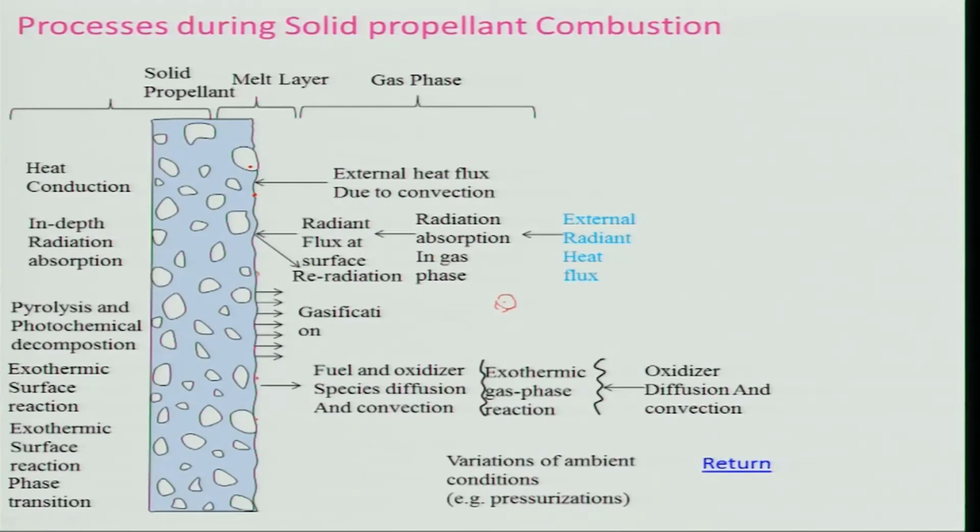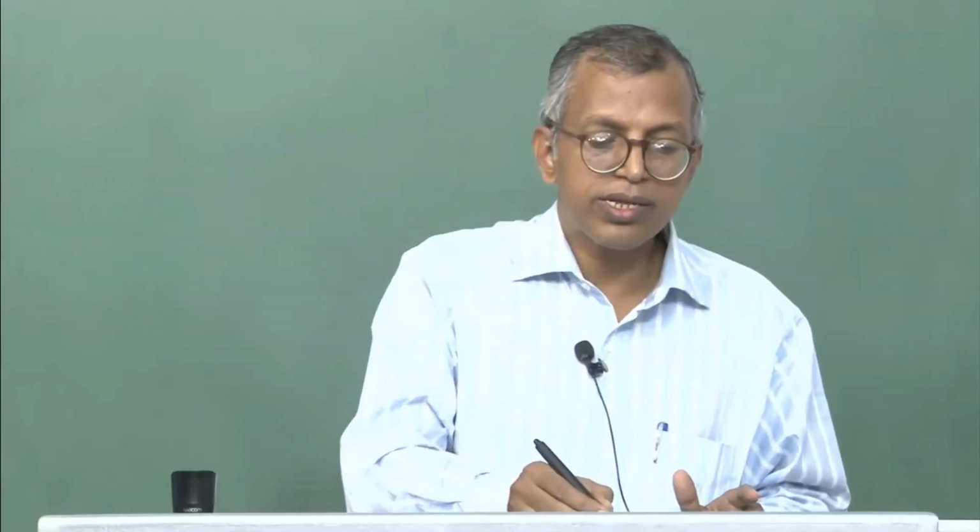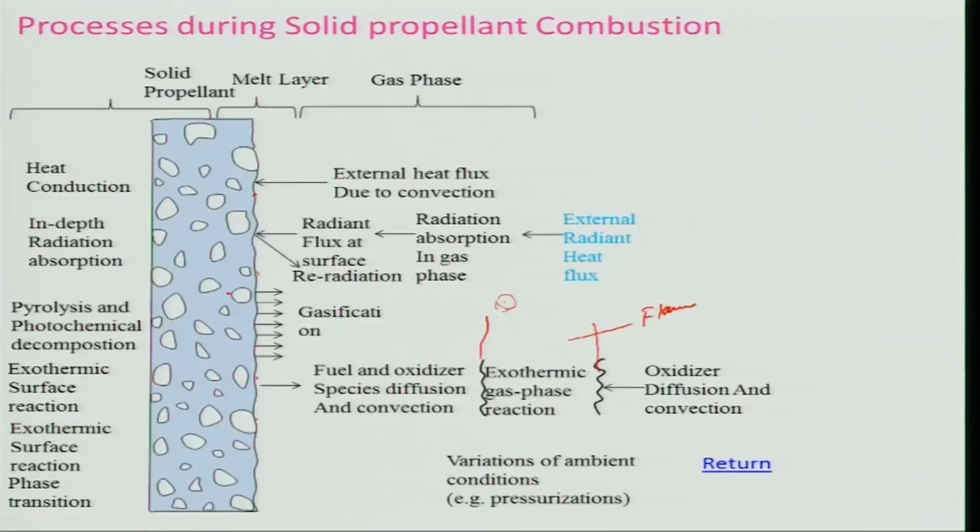And let us say that after that a flame is established. If you look at this, this is basically a flame. If the flame is established, then what is happening? The heat can go by radiation. The flame need not be near the propellant, and when the heat comes, some melting may happen, and some liquid may be formed.